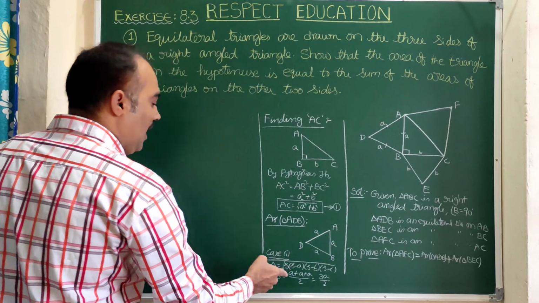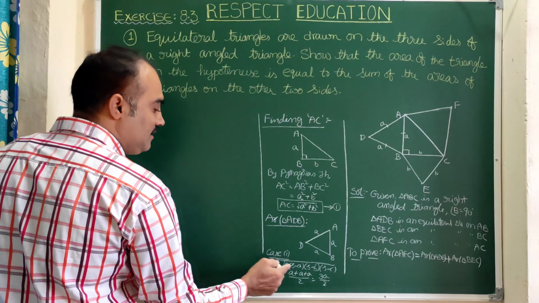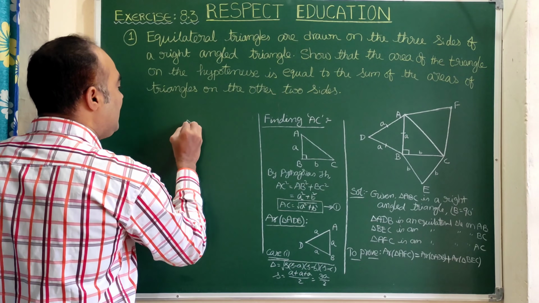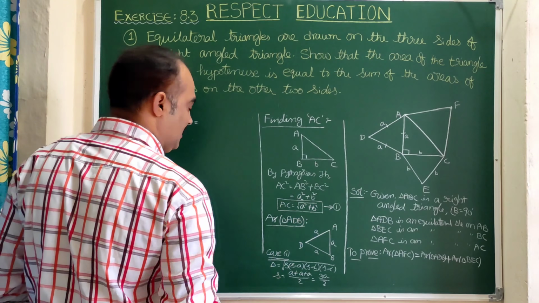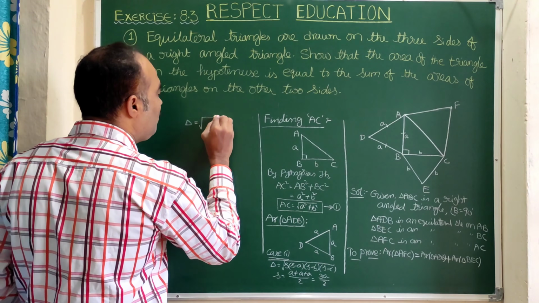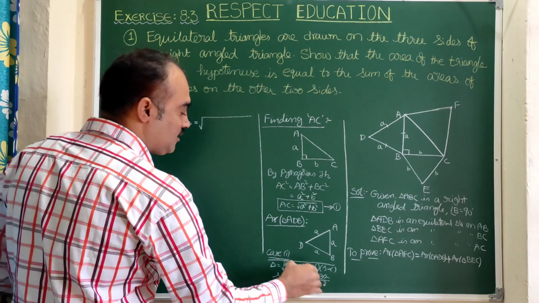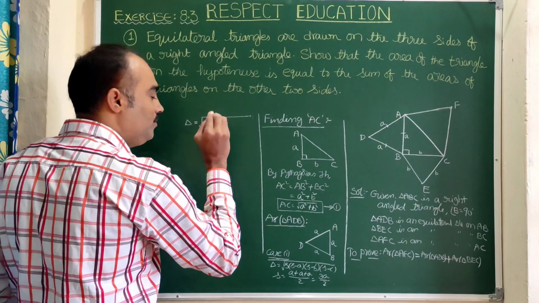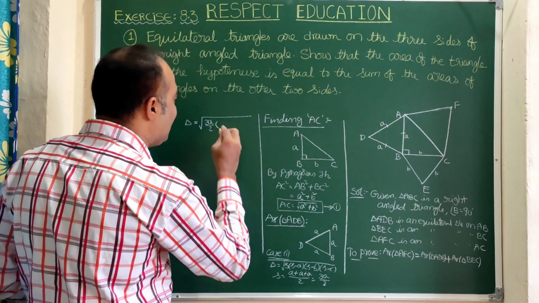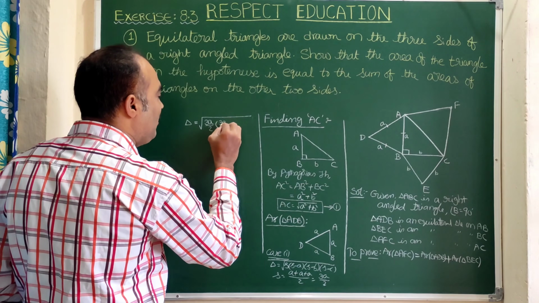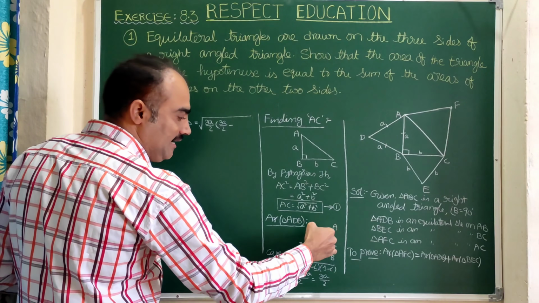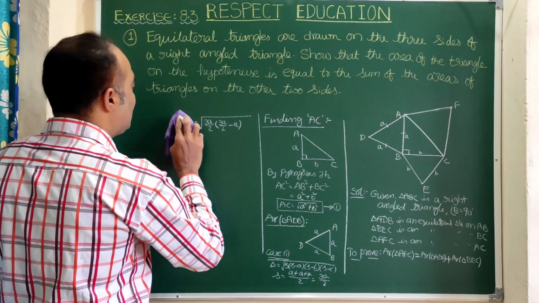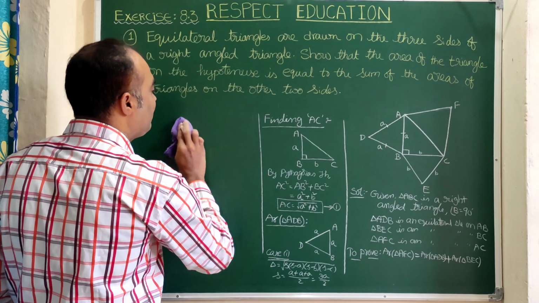Now after finding S, let us substitute the values here. So now area of the triangle ADB is equal to under root S into S minus A. Here S means 3A by 2, into 3A by 2 minus A. As the place is not sufficient, I am writing again.